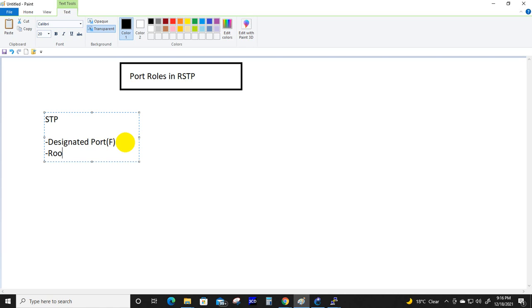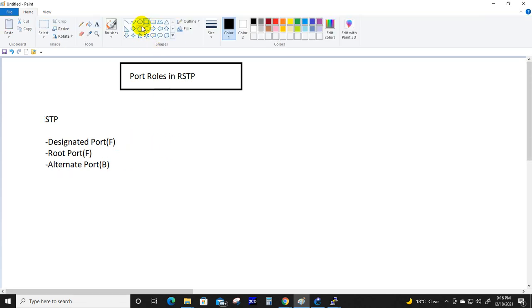We have the root port, which is always in forwarding state, and we have the alternate port, which is always in blocking state. Any doubt? No, sir.